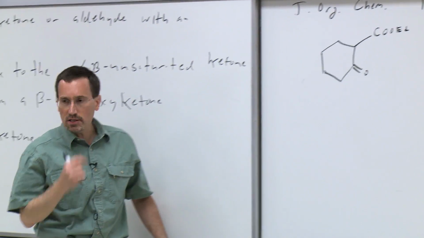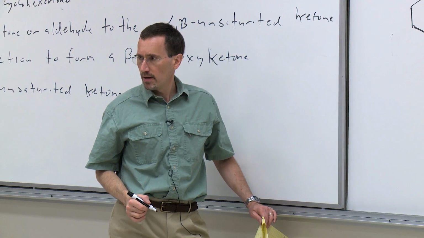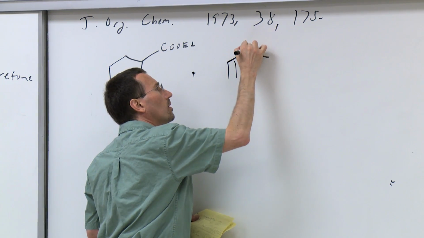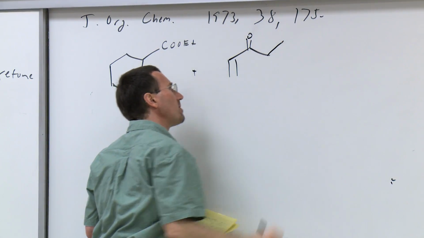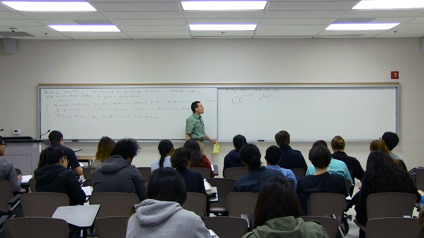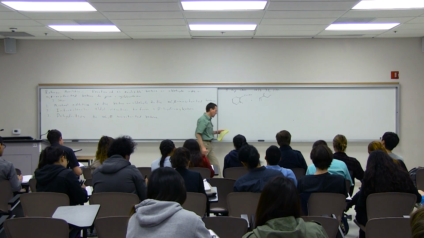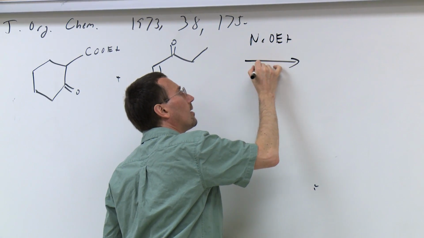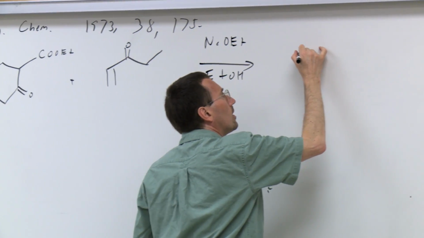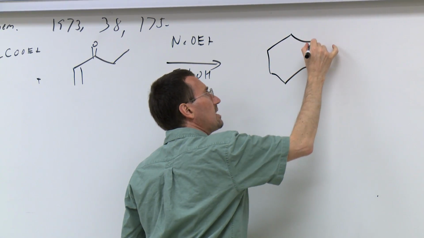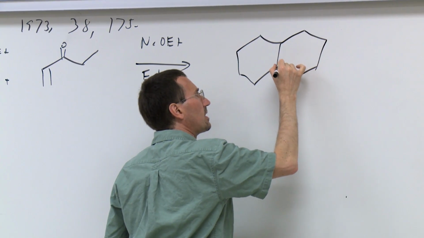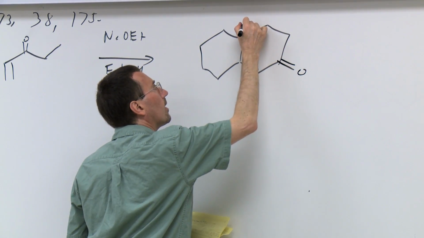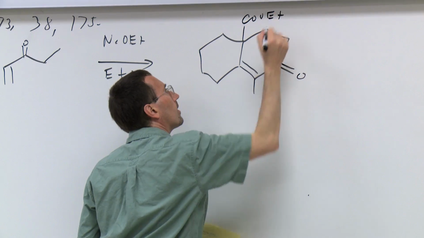If we take this carboethoxycyclohexanone and we just literally cook it up with 1-pentene-3-one with sodium hydroxide or sodium ethoxide and ethanol, we get the bicyclic system, we get the cyclohexenone system, like so.